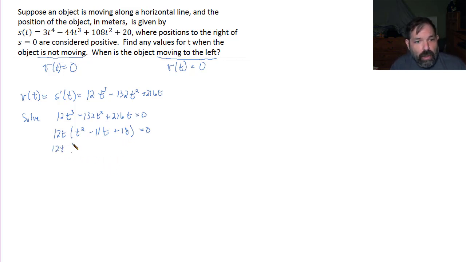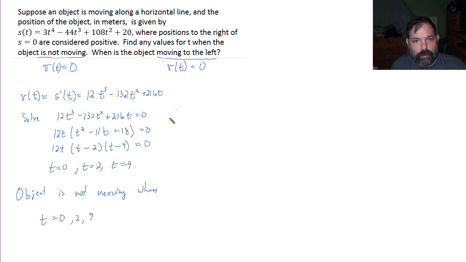That's 12t times t minus 3, t minus 2 times t minus 9. So that tells me that there are 3 roots to the equation: t equals 0, 2, 9. So the object is not moving when t equals 0, 2, or 9.